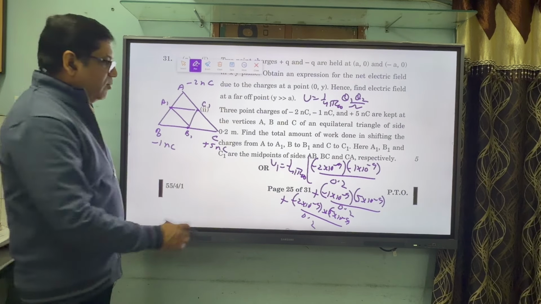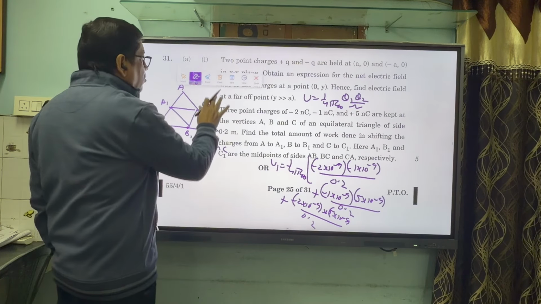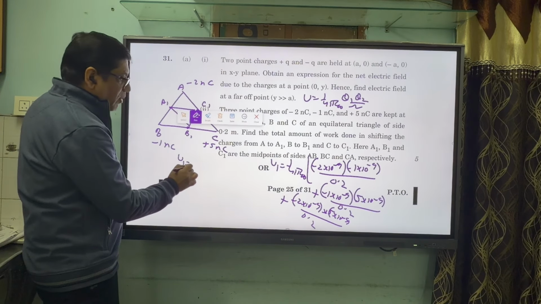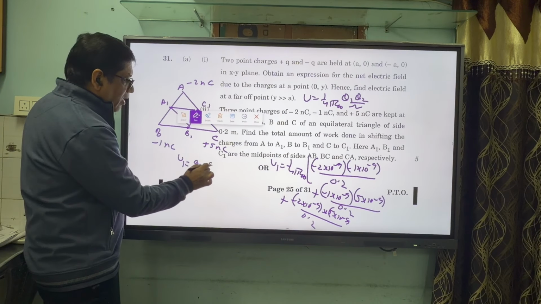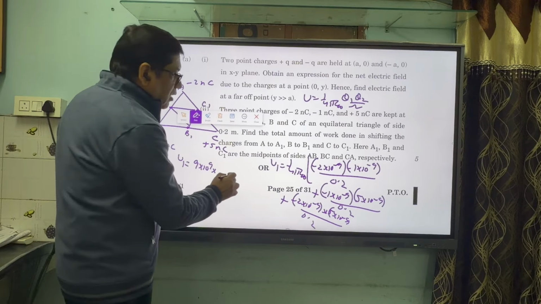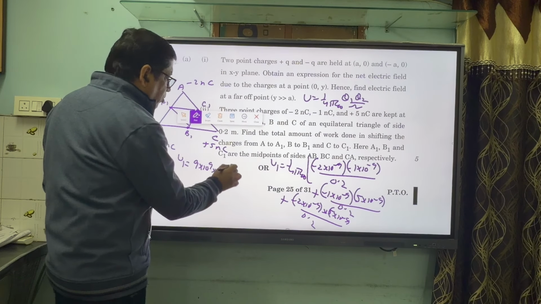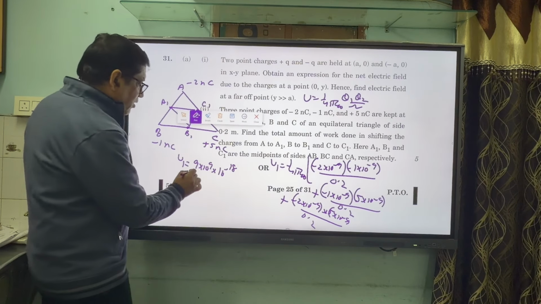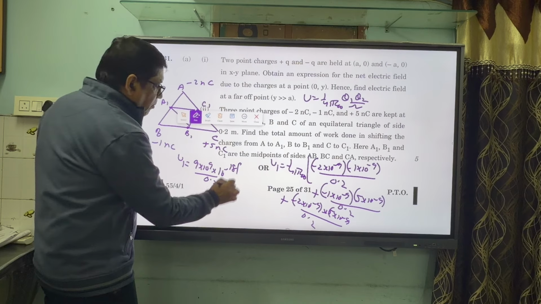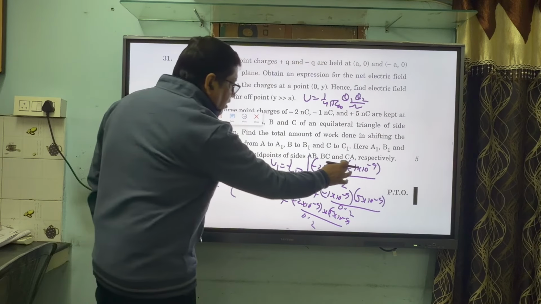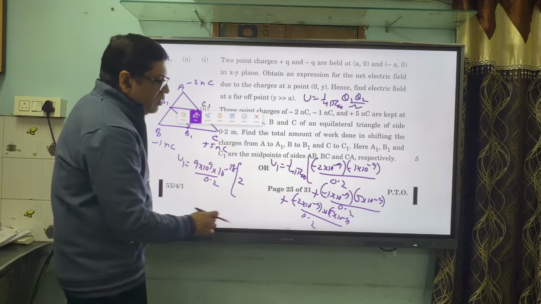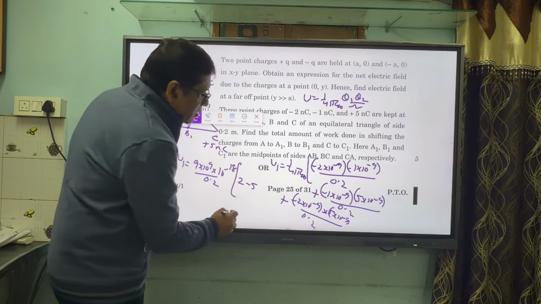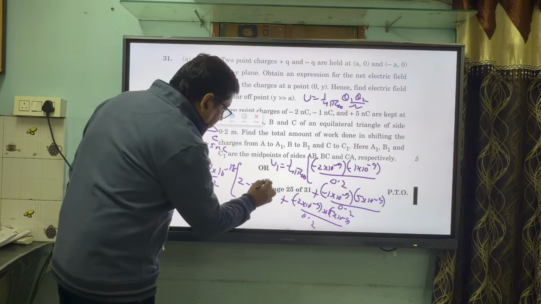In all these terms, the common things we take out. What are the common things? 1/4π की value 9 into 10 to 9 is common. 10 to -18 comes out common. इन सब में ही है, नीचे 0.2 भी सब में ही है. और ब्रैकेट में आ जाएगा -2 into -1 that is 2. -1 into 5 that is -5. -2 into 5 that is -10.